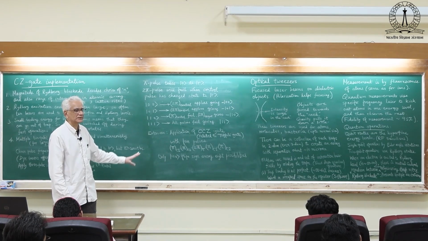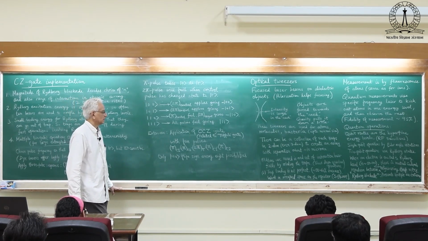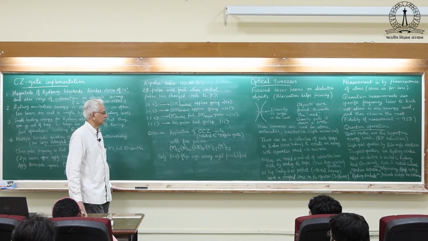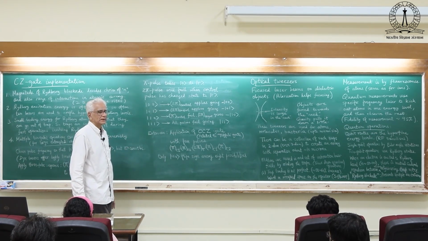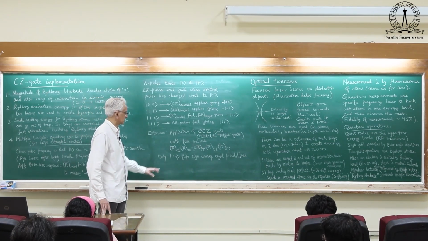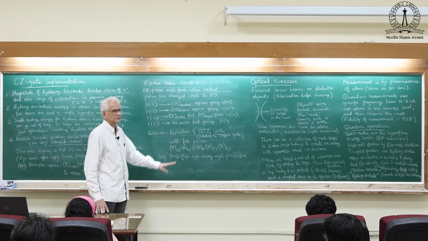So that's about it. This is how this Rydberg blockade is used to implement elementary 2-qubit gates or even 3-qubit gates in a rather simple manner. The number of pulses is not that large.